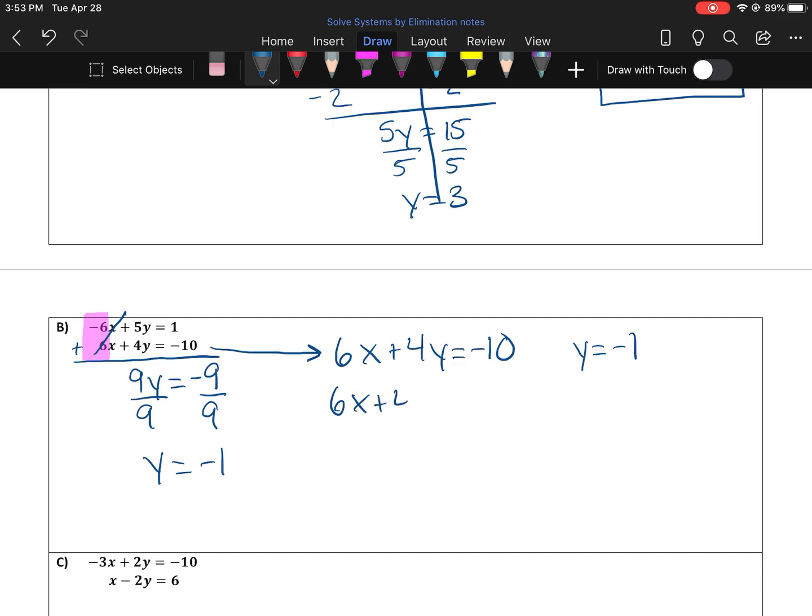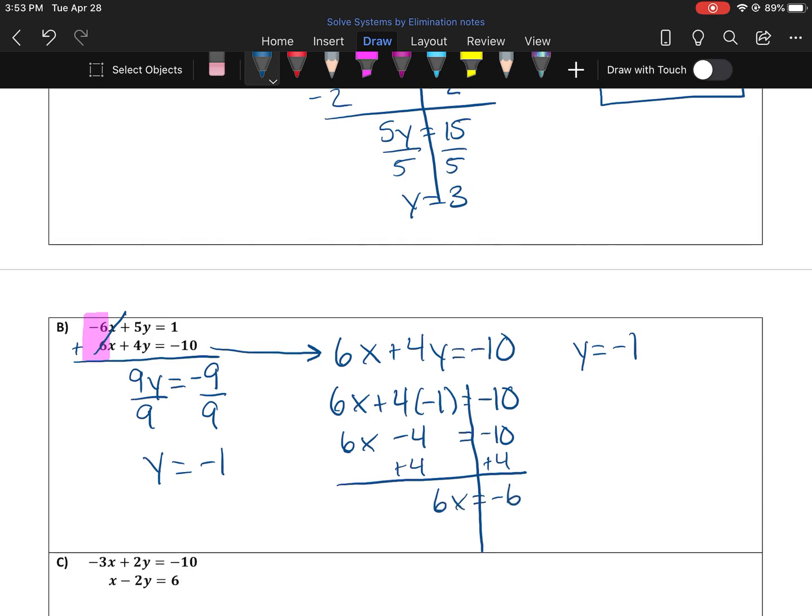And I'm going to substitute that in and solve for my other variable. When I do, I end up with -1. So my answer here, where these two lines cross, is (-1, -1).